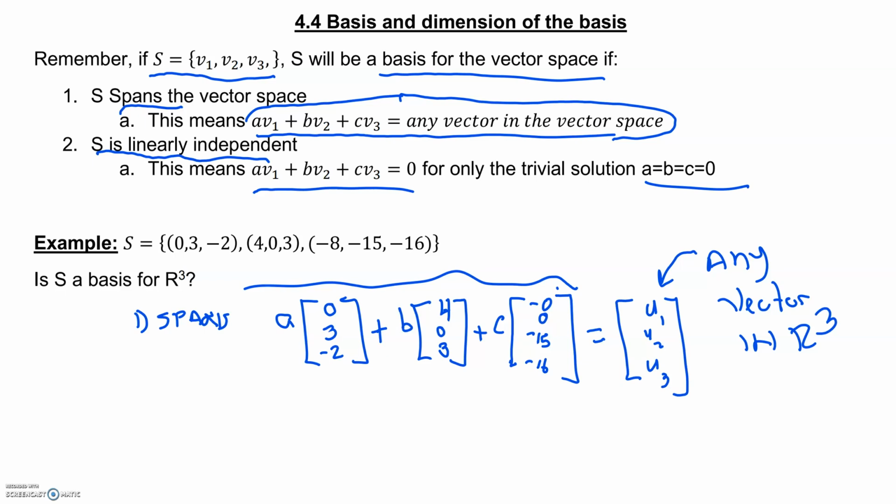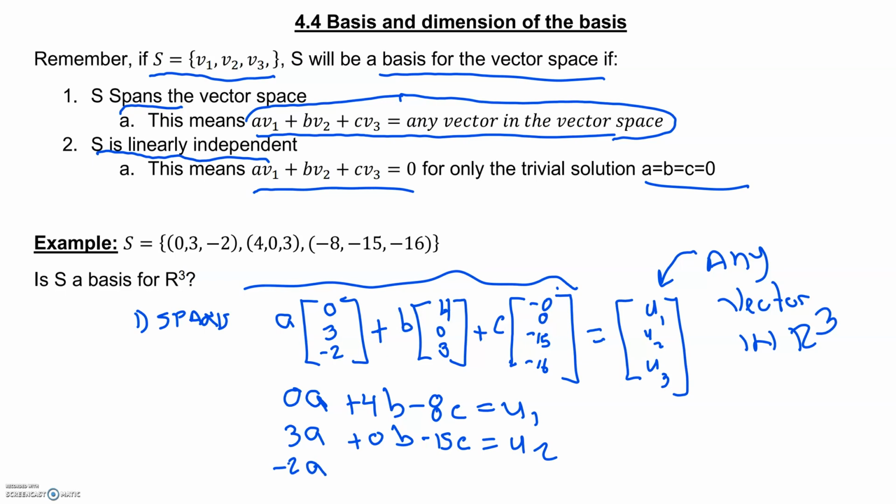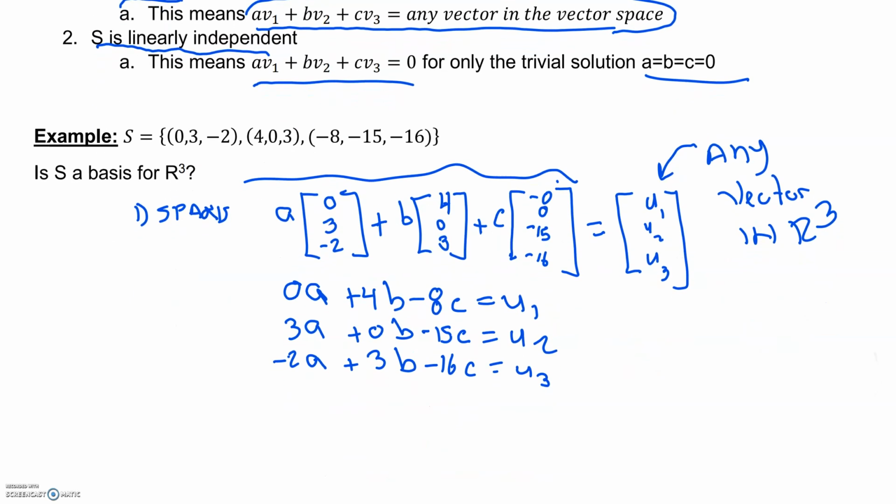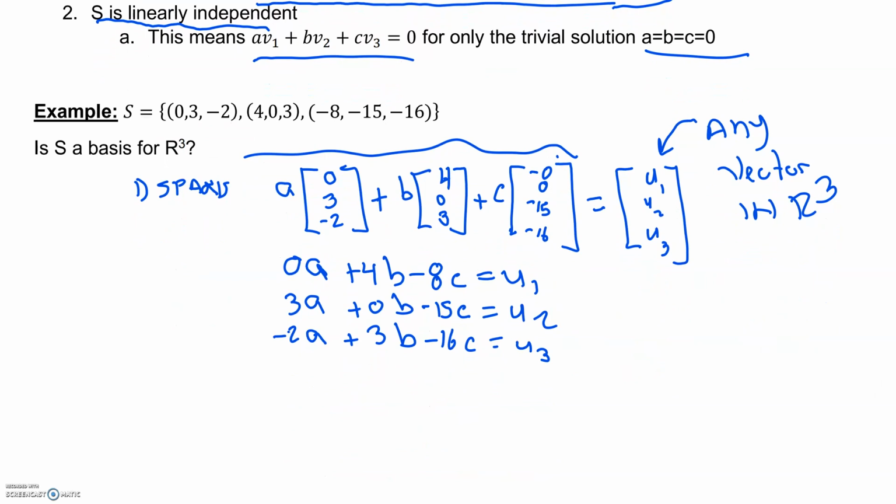Well, if we write out this system of equations that we have, 0a plus 4b minus 8c is equal to u1, 3a plus 0b minus 15c is equal to u2, negative 2a plus 3b minus 16c is equal to u3. And again, our question is, is there a solution for this?